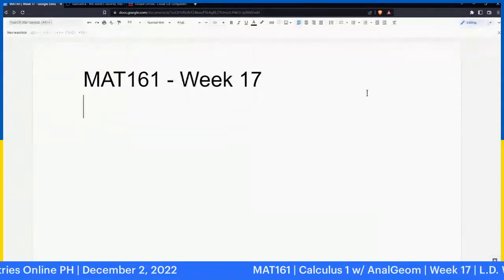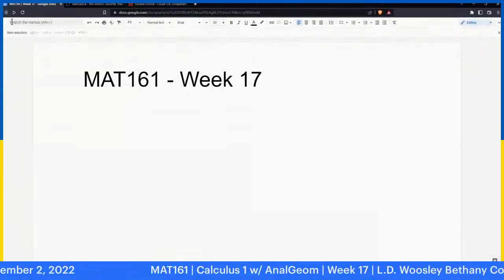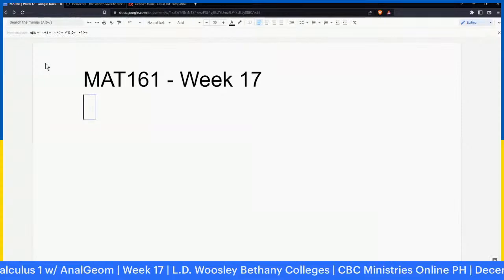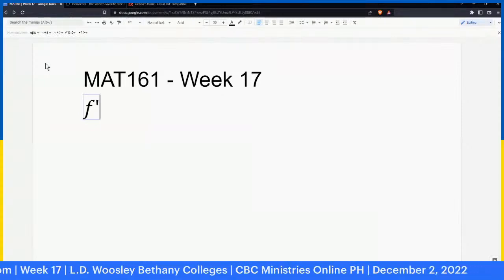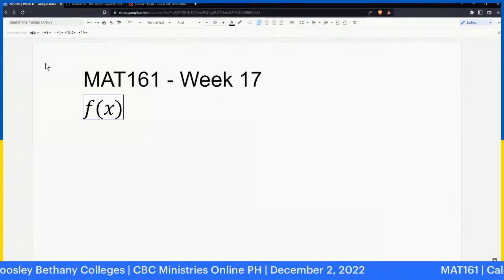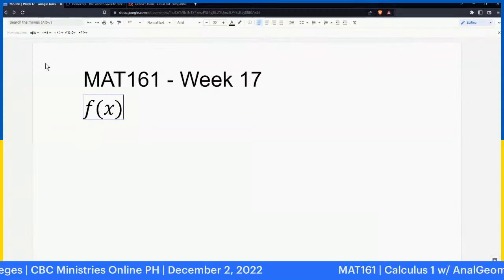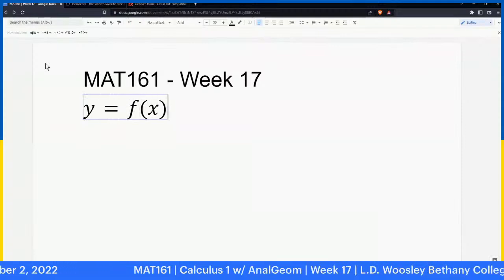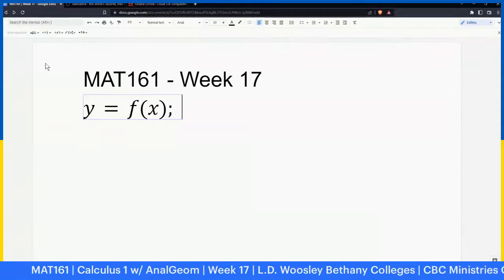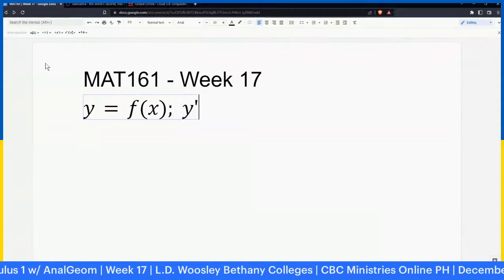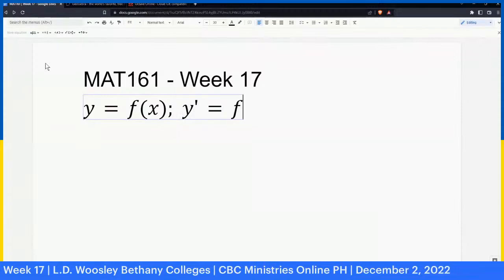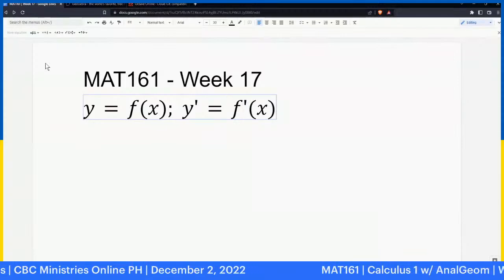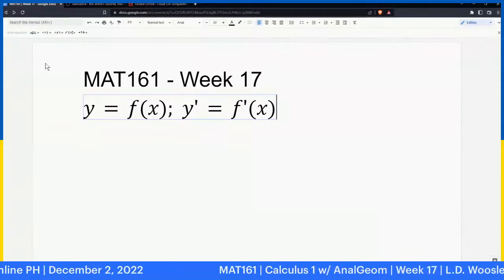All right. So here we know that your f of x, okay, welcome Nora, your f of x or y is equal to f of x, assuming we have a formula here. Therefore, y prime is equal to, okay, so those are the notation.